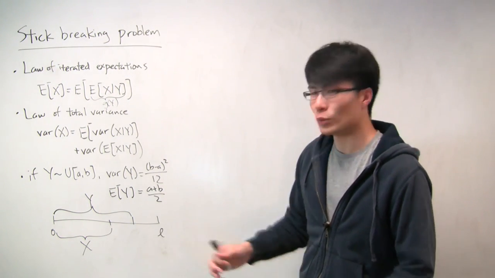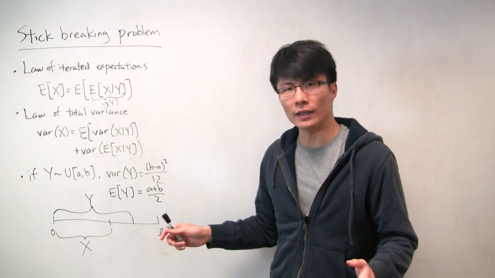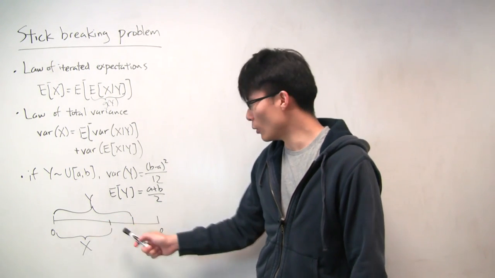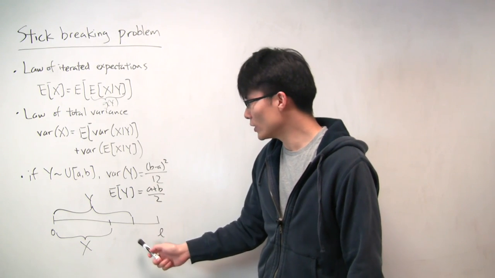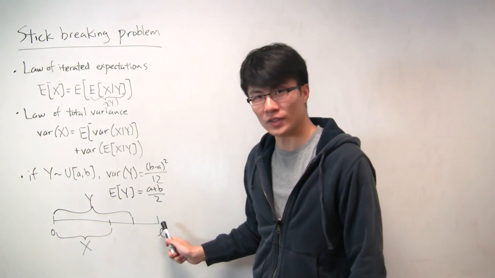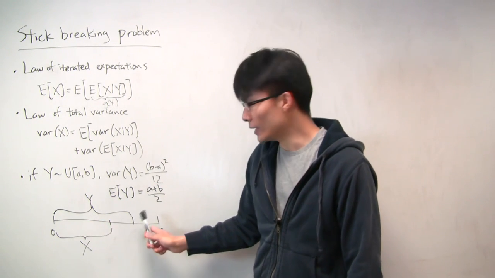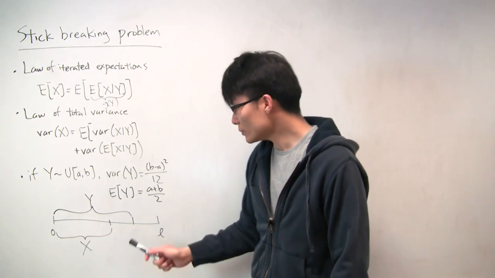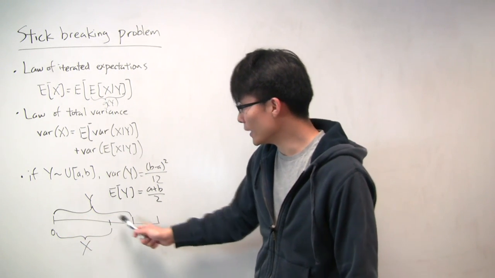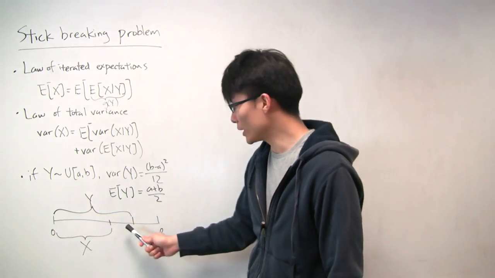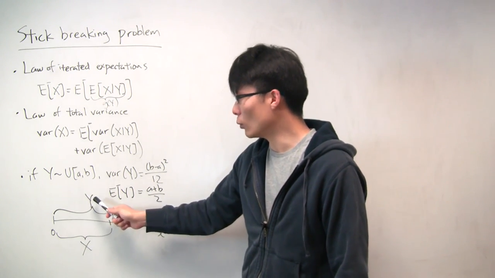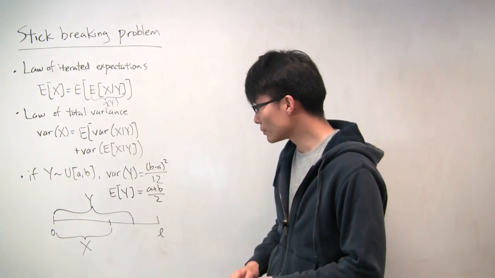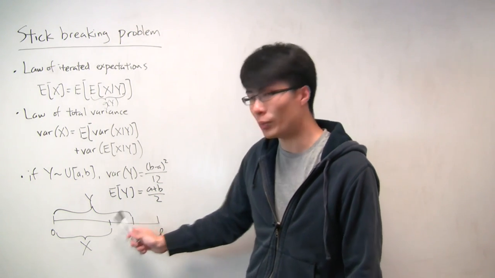We have a stick of some fixed length L, and we break it uniformly at random. We choose a point uniformly at random along the stick, and we break it there, and then we keep the left portion of that stick. Let's call the length of this left portion after the first break random variable y. It's random because the point where we break it is random. Then we repeat this process.